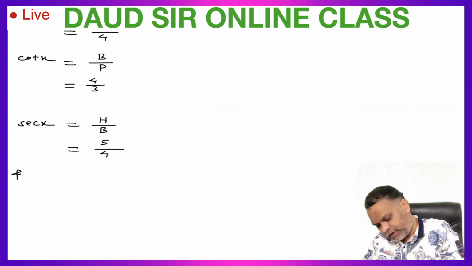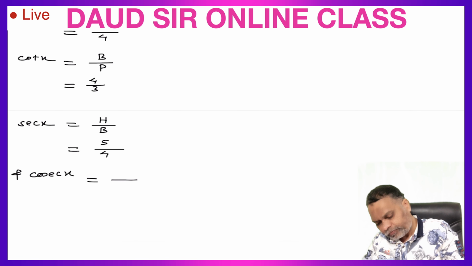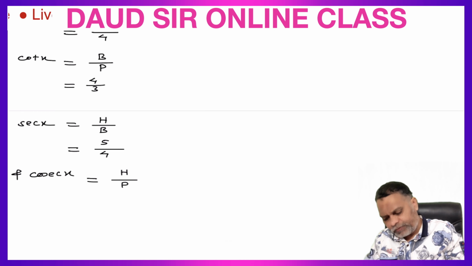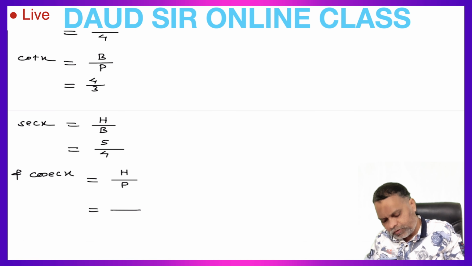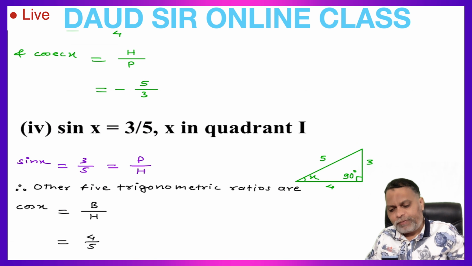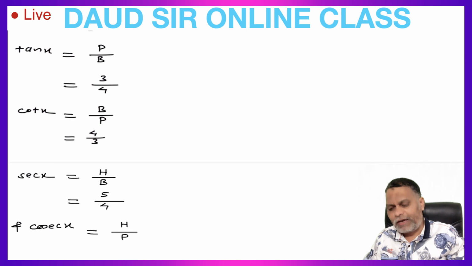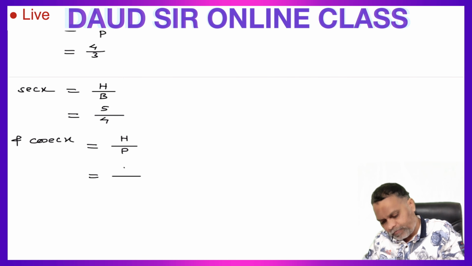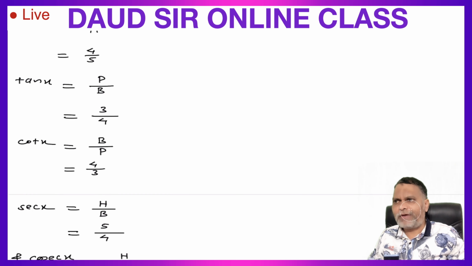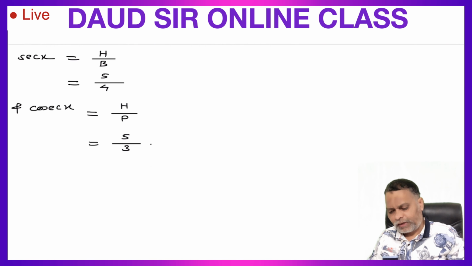And one more, cosec x is equal to hypo upon perpendicular. Cosec is also positive in first quadrant, so plus. H upon p, hypo is 5 and perpendicular is 3, so 5 upon 3. So these are the values of other 5 trigonometrical ratios.